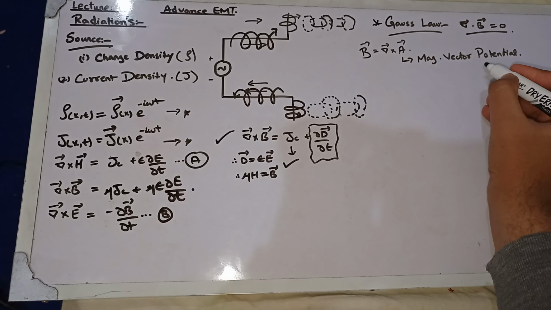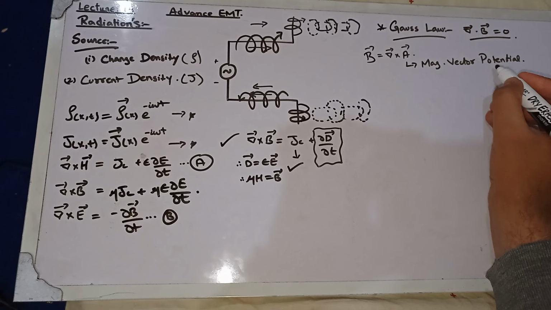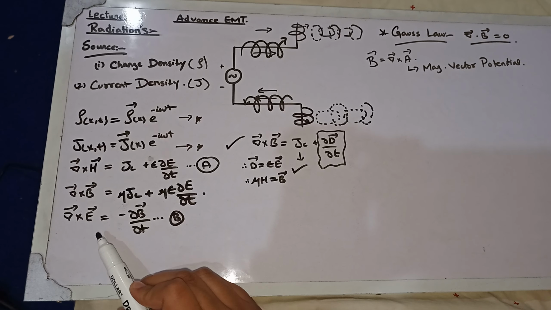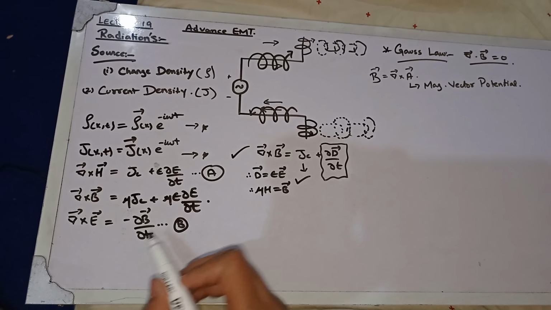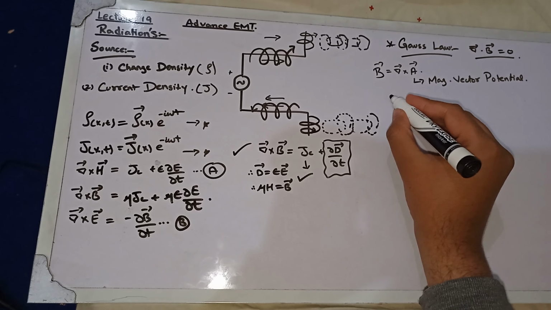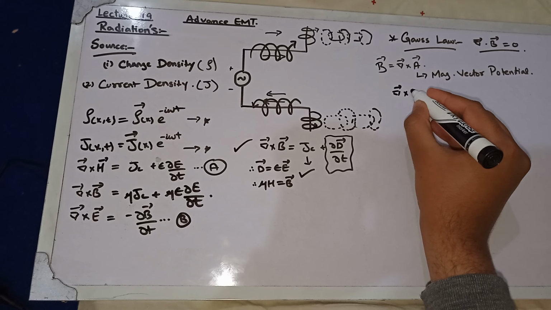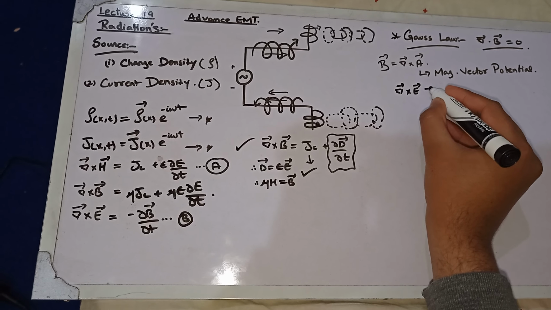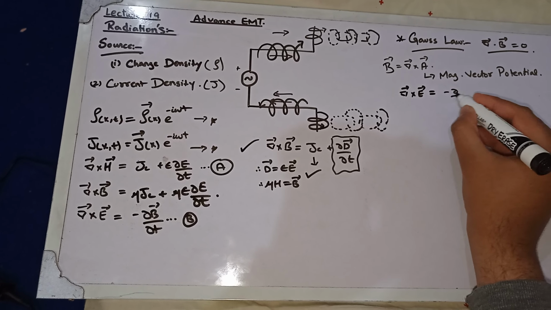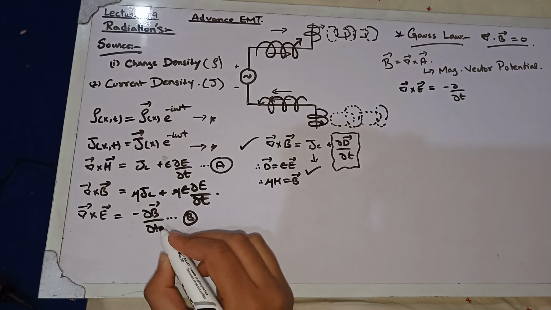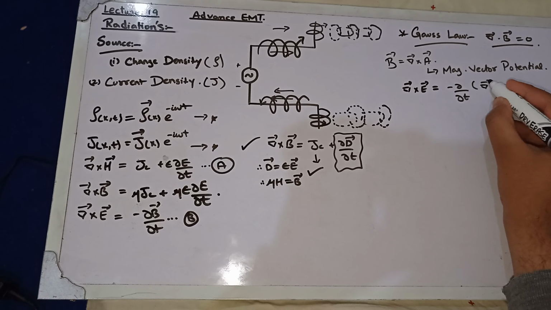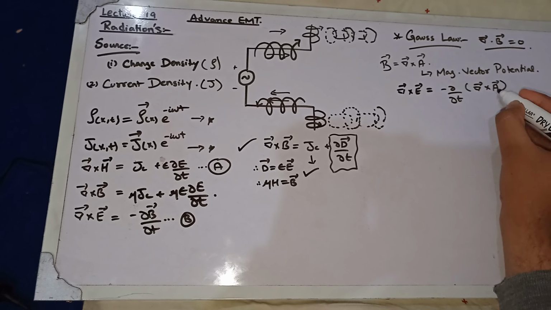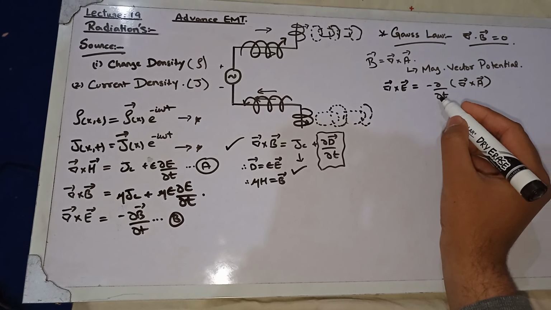Now what you have to do is, in your equation B, the curl of the electric field, put the value of B. So your del cross E becomes minus partial by partial T, as it is, of del cross A, since B is del cross A as I mentioned here.